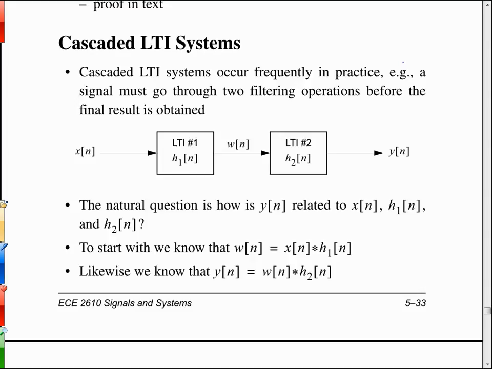So we have H1 is the first system's impulse response, and H2 is the second one, and W of N is the interstage point. What you're going to be doing in the lab is W of N will be a waveform that got distorted by filter number 1, and then filter number 2 comes along and tries to undistort it.